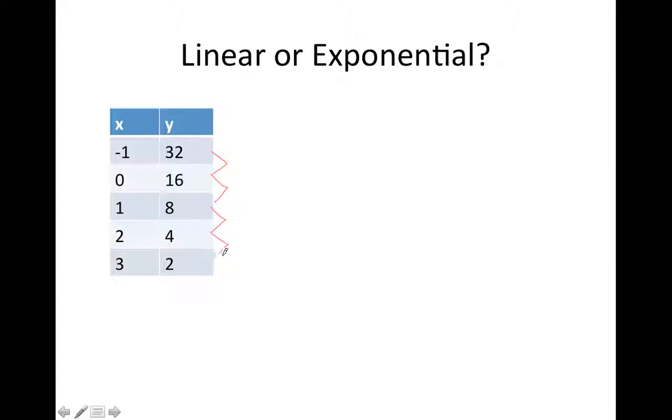What we want to look at here is the ratio of the consecutive outputs. So I'm going to take the second y value and put it over the first one. 16 divided by 32, that reduces to 1/2. Same thing here, 16 and 8, when I compare those, 8 over 16, that reduces to 1/2. 4 over 8, that reduces to 1/2. 2 over 4, same thing.